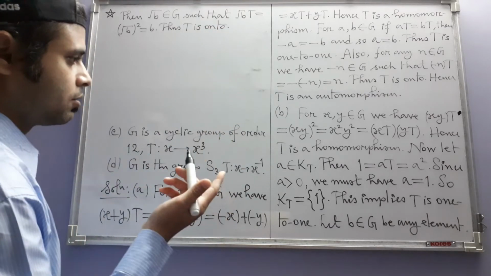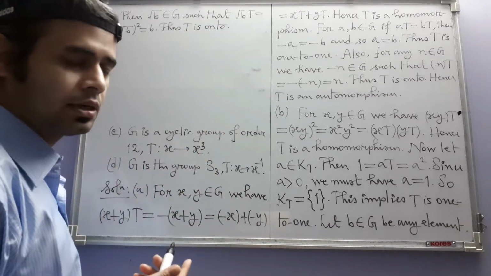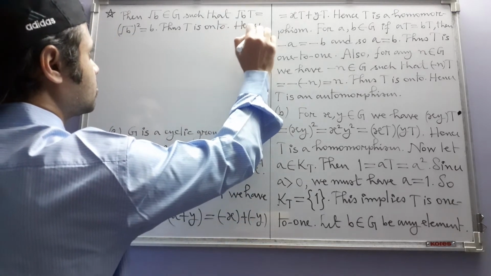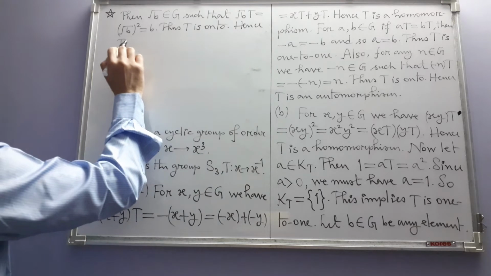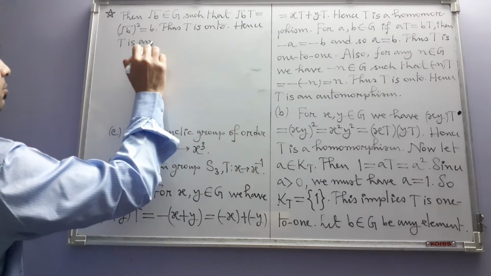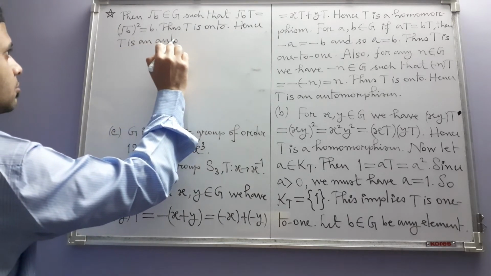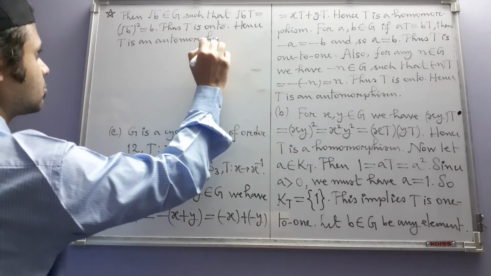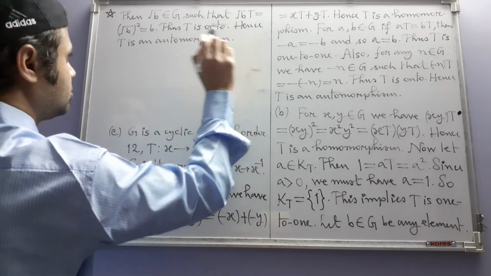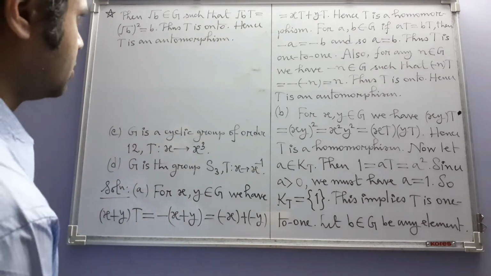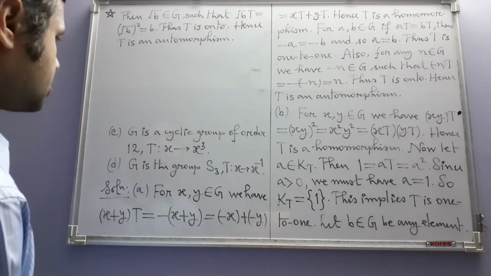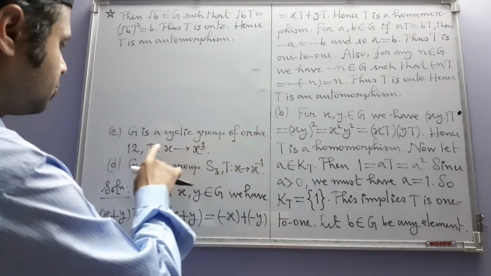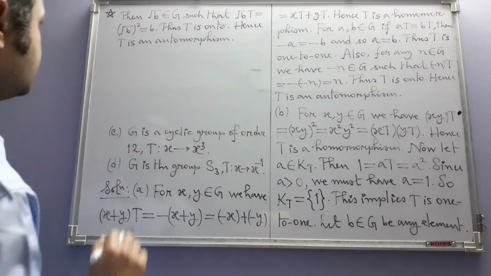So t is a homomorphism, it's one-to-one and it's onto. Hence, t is an automorphism of the given group. Okay, next C. Here G is a cyclic group of order 12.